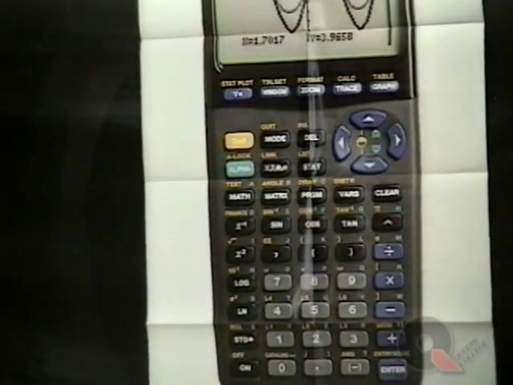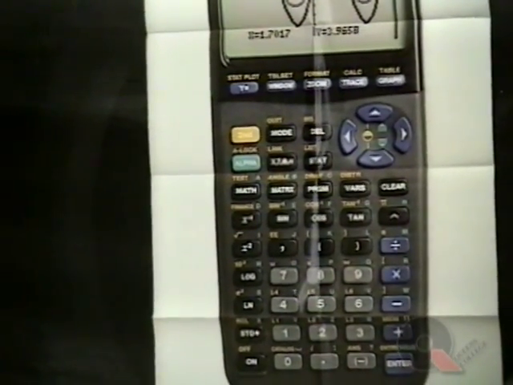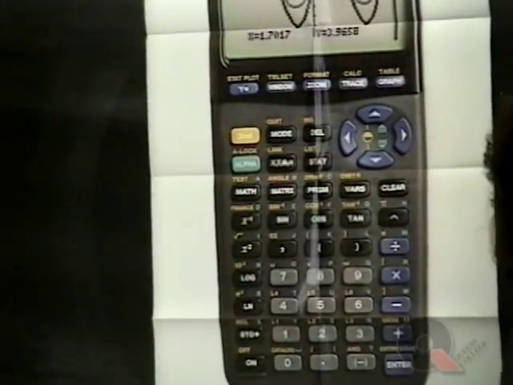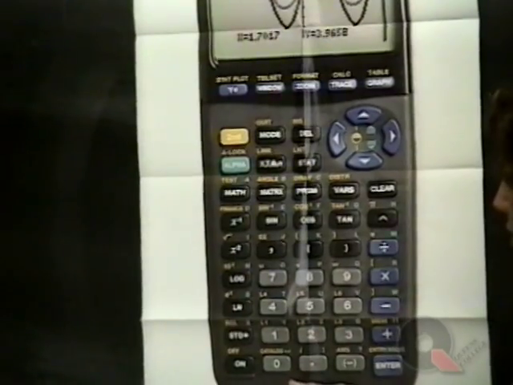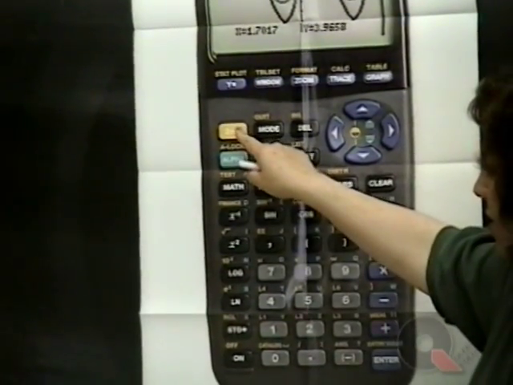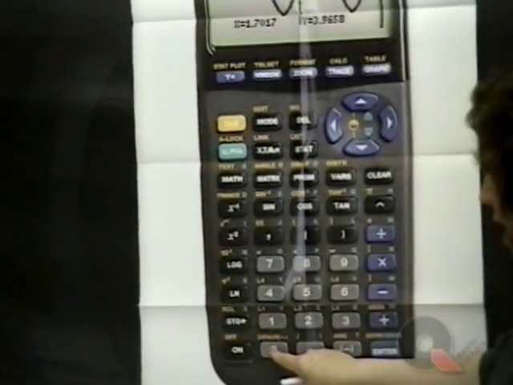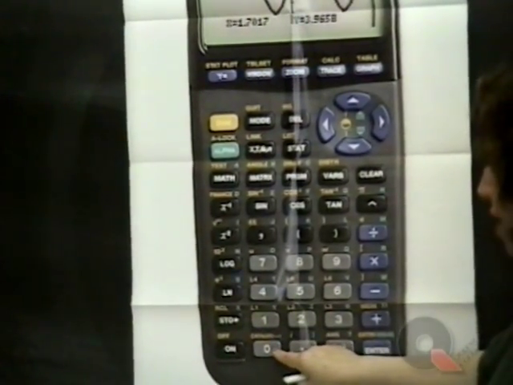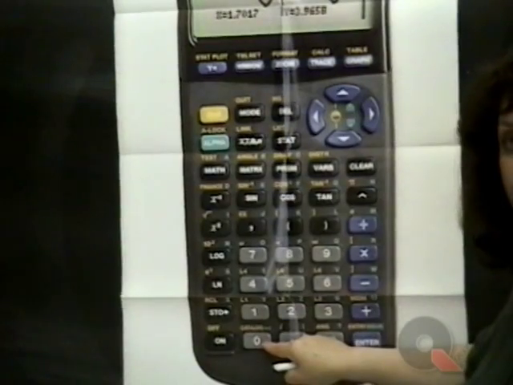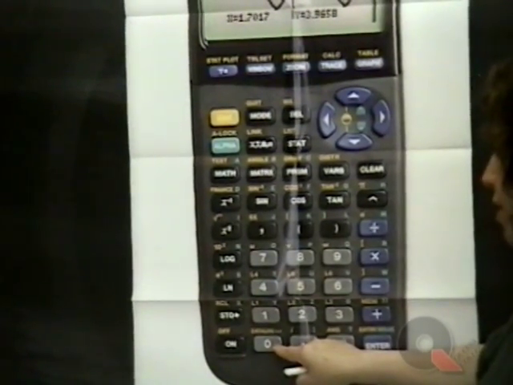One method of doing this is to use a function that's stored in the calculator called solve. Now, to get solve, I'm going to hit second and the 0 key to get catalog. That's a catalog of functions in the calculator, an alphabetical listing of all the functions that are stored in the calculator.